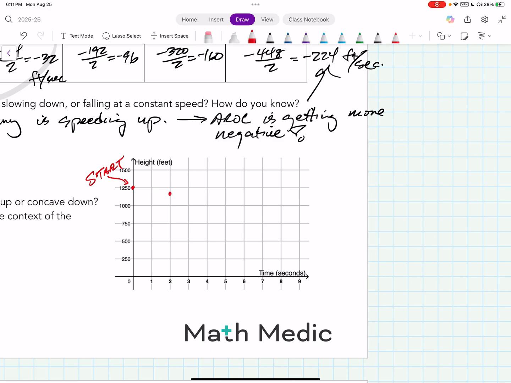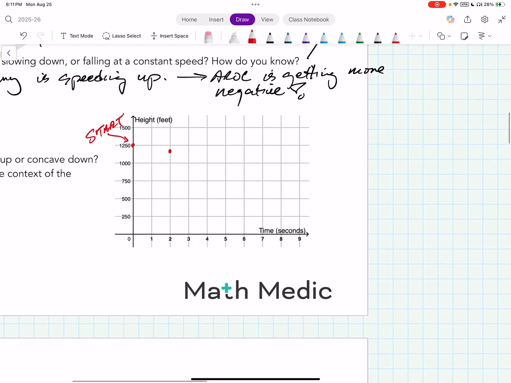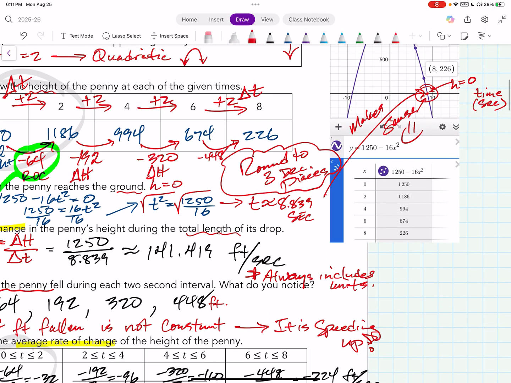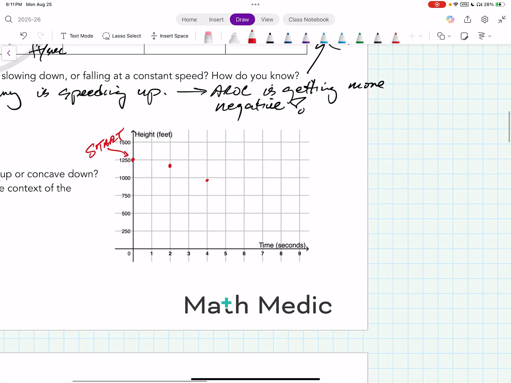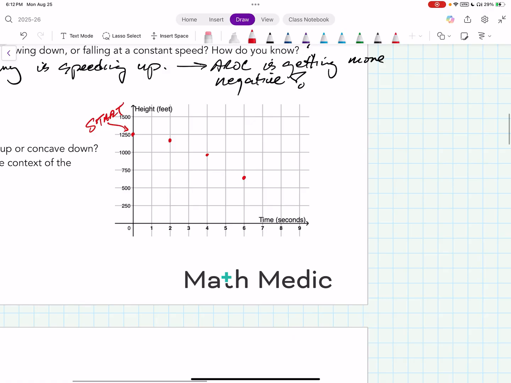It's about right there. And then 4, 994. That's almost 1,000, but a little bit less. And then 6, 674. So 6, 674, probably right about here. And then I'm approximating 8, 226. So 8, 226, right about here.